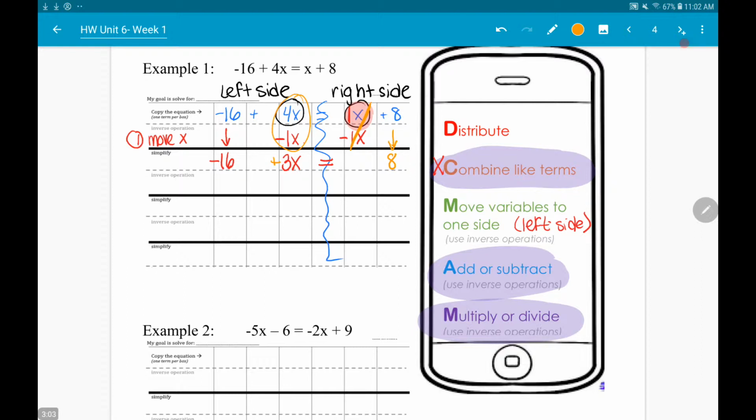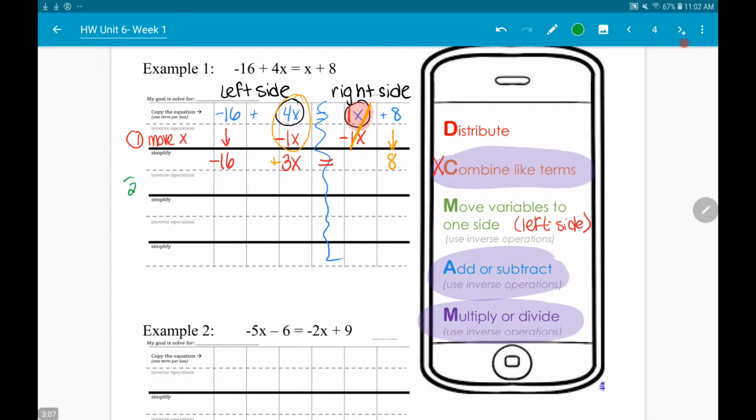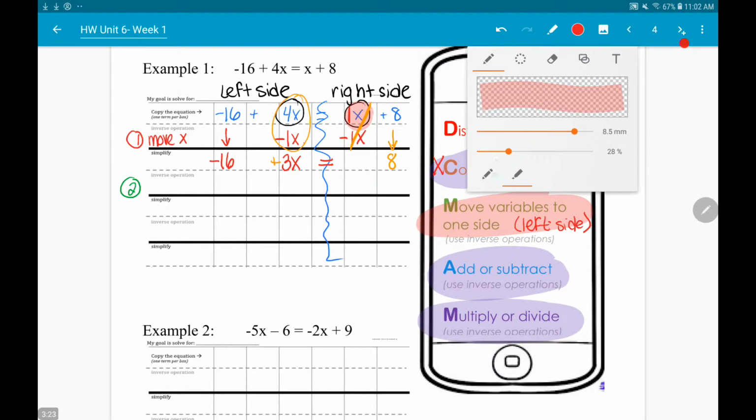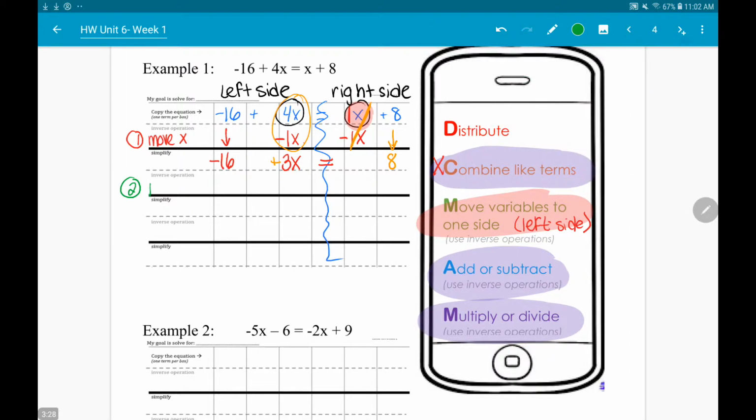So now it looks pretty similar to our two-step equations. So step number 2 in this case, I'm going to jump down to add or subtract. Uh-oh, what did I do? Erase? That's okay. Okay, so I look for my number without the variable.